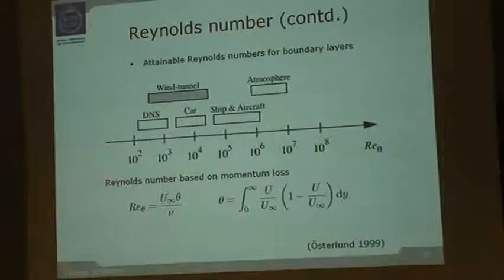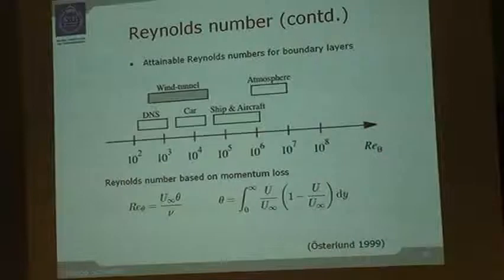So why I wanted to show you this Reynolds number now is because it's also interesting to see what kind of Reynolds number ranges we actually talk about. Now, this is a slide taken from the thesis by Jens Österlund.